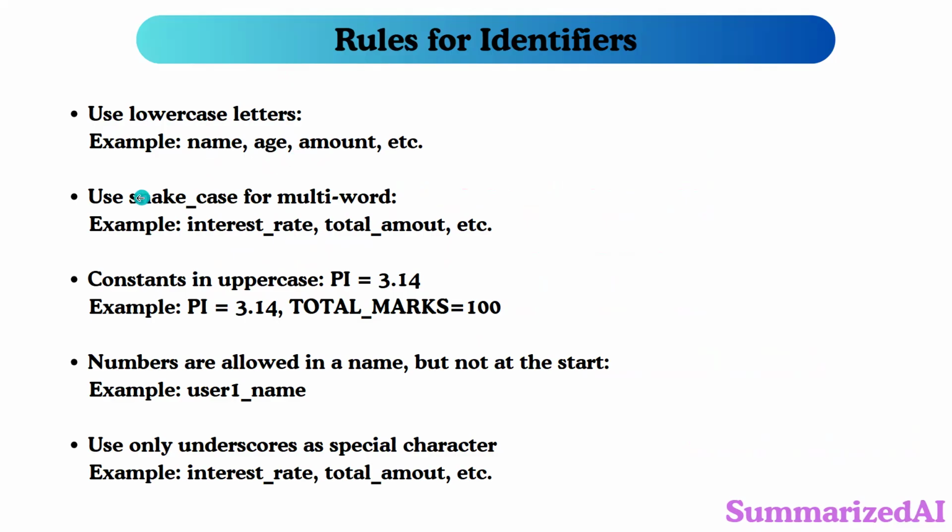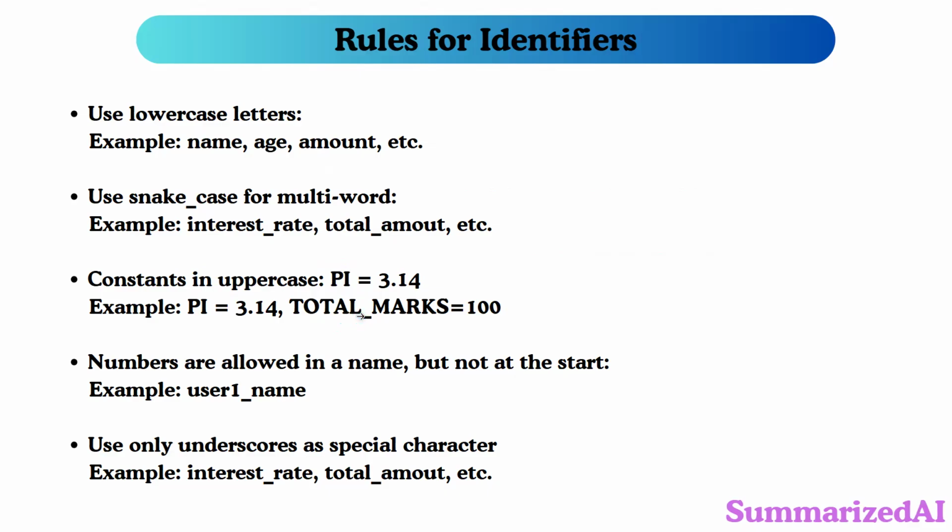If the name is longer or multi-word, use underscores, like snake case words, for example interest_rate, total_amount. If you're defining a constant, something whose value is going to remain consistent throughout the application and will not change at any point of time, we can define it all in capitals. And if it is multi-word, then capital letters with underscores.